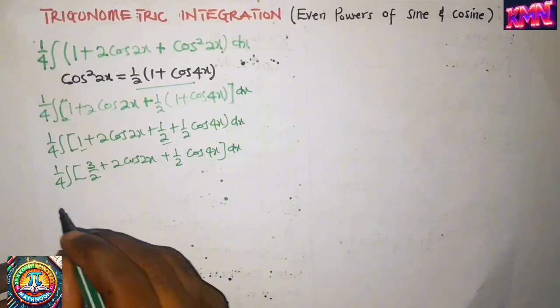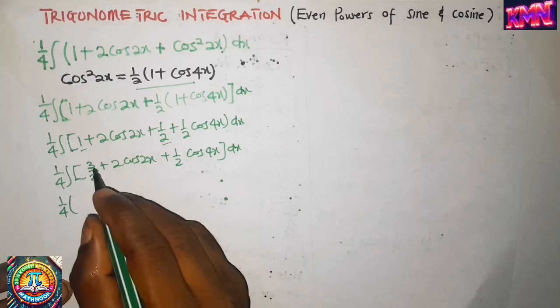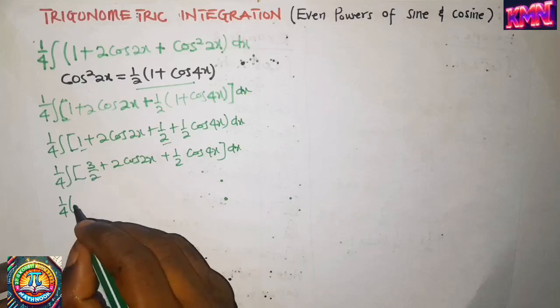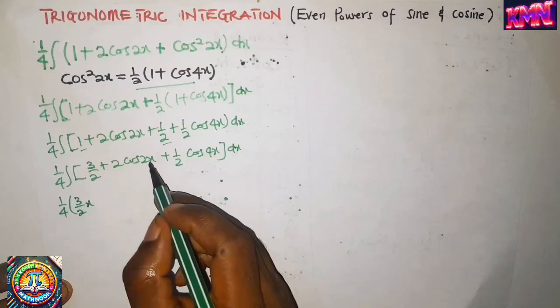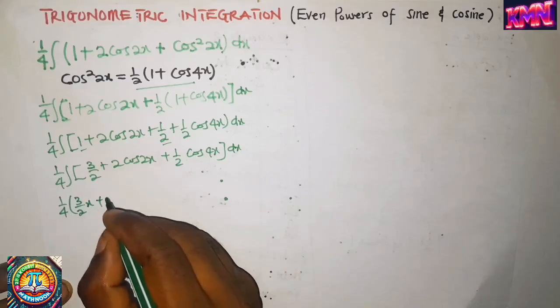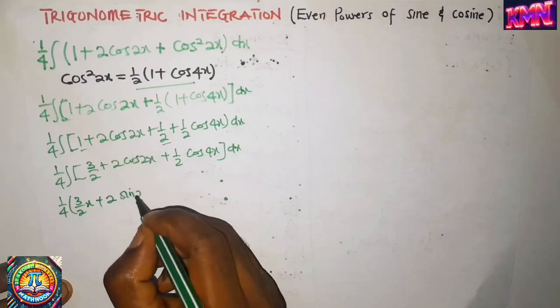So now let's integrate. We're going to get 1/4 brackets, the integral of this with respect to x is 3/2 x, and the integral of this with respect to x, so we're going to have 2. Then the integral of the whole thing is sine 2x.